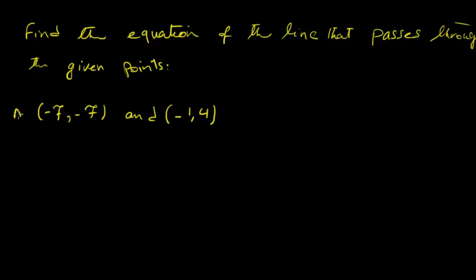This is A. Then we have B, which is when a line passes through (1, 8) and also (-3, 4).